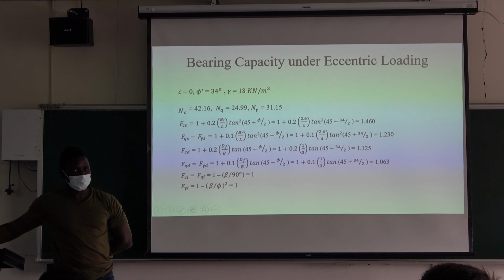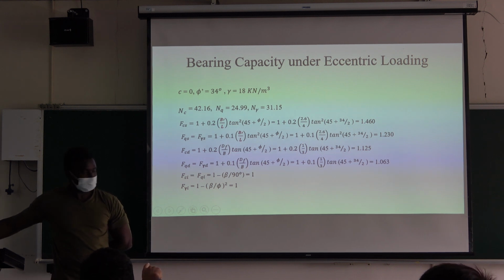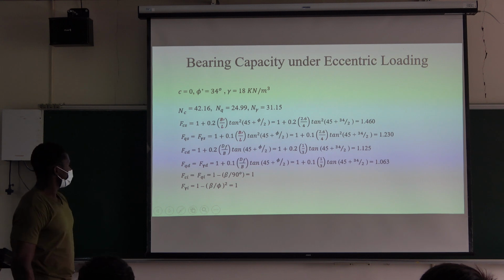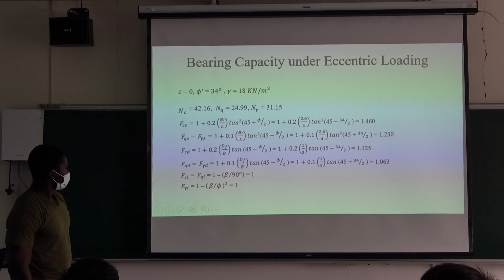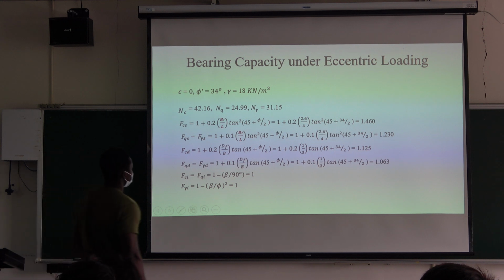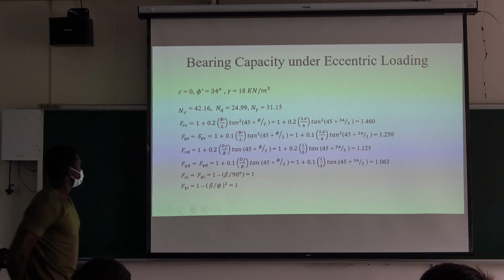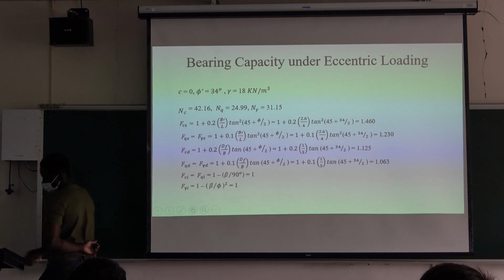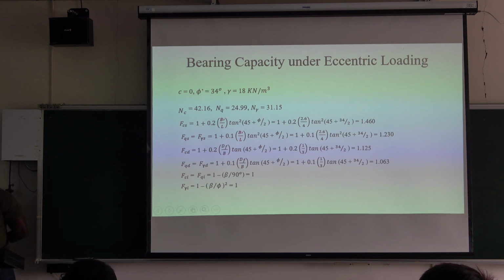But for sand, not necessarily. You can see the inclination factor there: for F gamma i, you have 1 minus beta over phi, and if phi is 0, that's an indetermination.